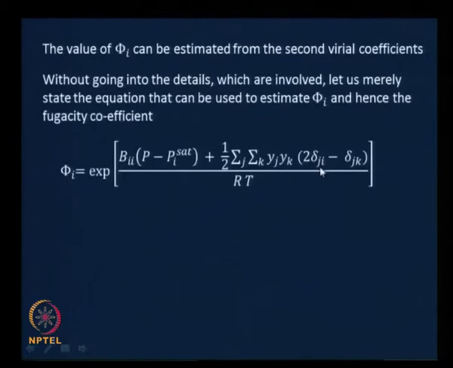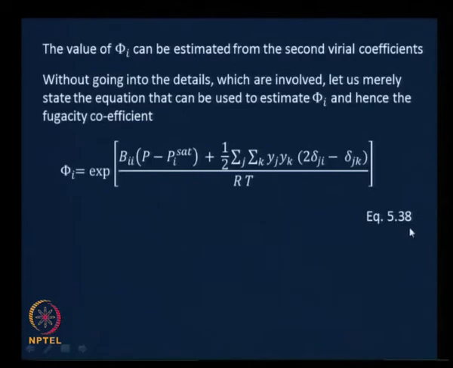Phi I equals this complicated expression, let me just read it out to you: exponential of [B ii (P minus P i sat) plus half sum over j and k of y j y k (2 delta ji minus delta jk)] divided by RT.